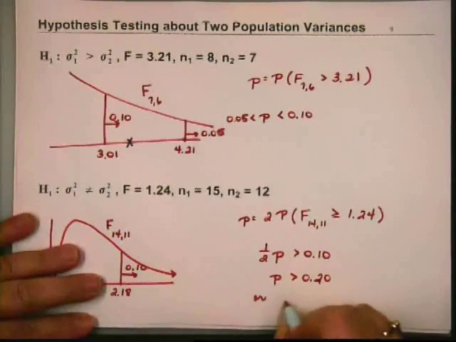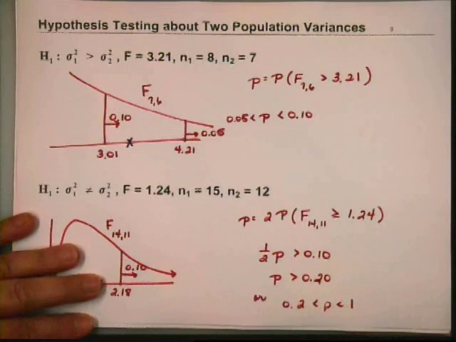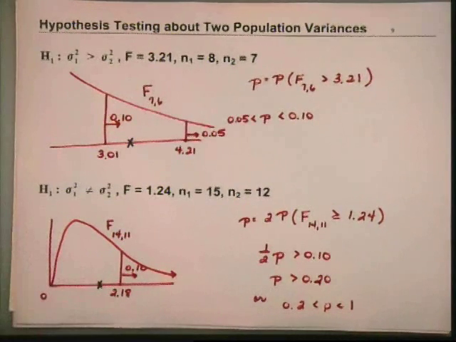Or you could write 0.2 less than p less than 1. That's all we can tell. We know less than 1 because it's a probability distribution. If it were a one-sided test, you would just report p greater than 0.1.